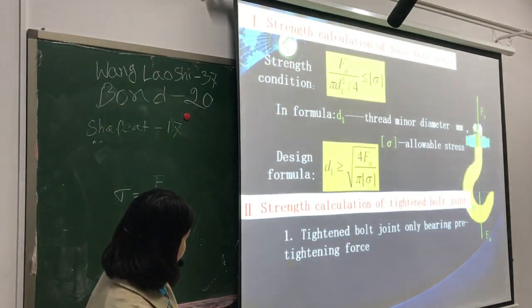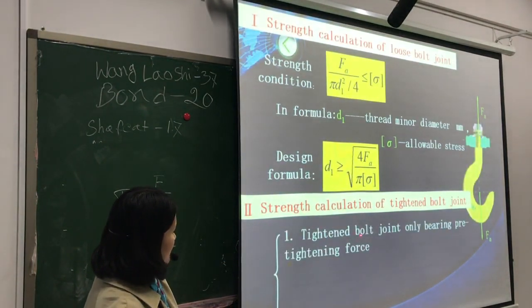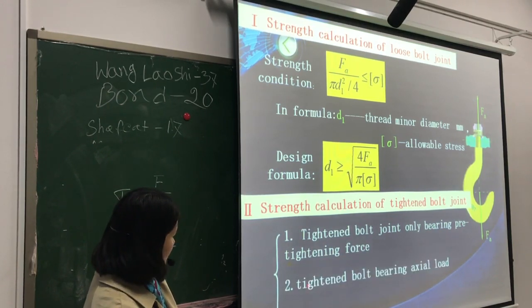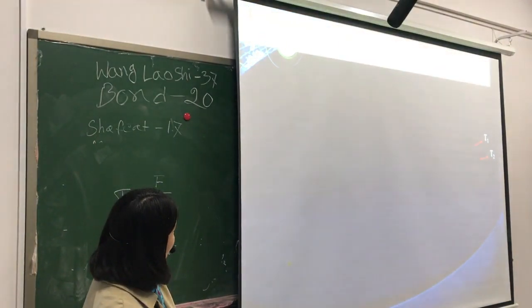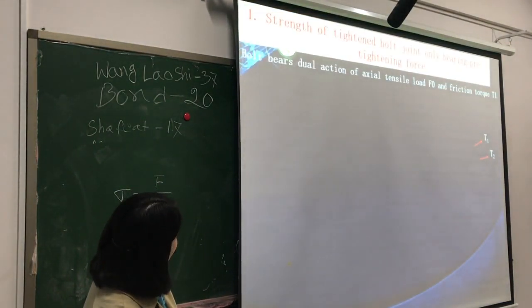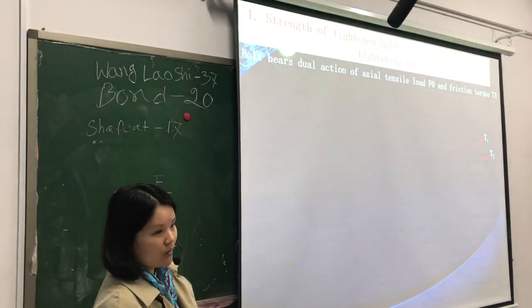For the tightened bolt joint, there are three conditions: only bearing preload, bearing axial load, or bearing shearing force. The first is the strength of the tightened bolt joint only bearing pre-tightening force, only bearing the preload.